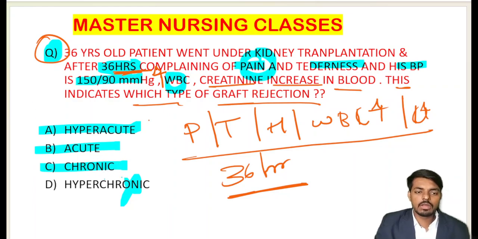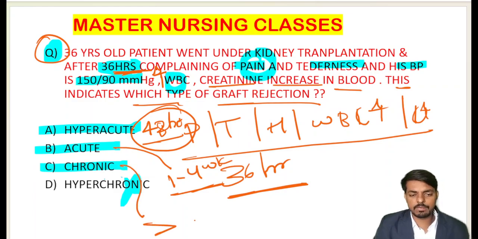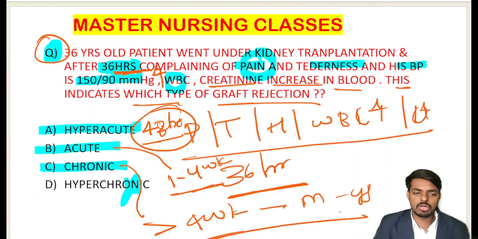If the rejection occurs within 48 hours, that is hyperacute rejection. If the rejection occurs within 1 to 4 weeks, that is acute rejection, and if it occurs after 4 weeks, from months to years, that is chronic rejection.